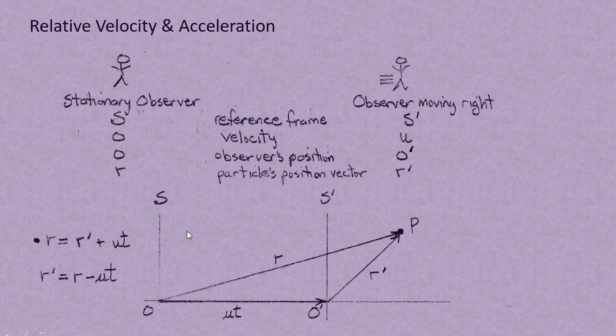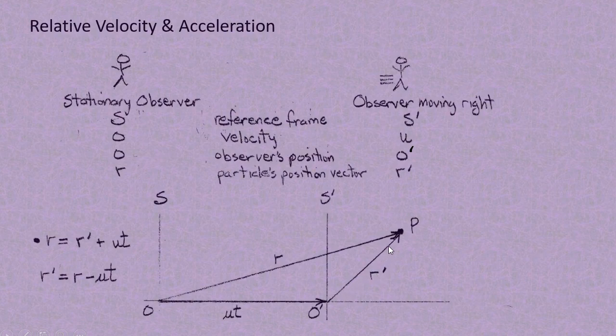Now let's look at the relationship between the particle's position vectors from these two reference frames. And for this, let's remember back to our visual method of adding vectors. If we look at the displacement vector between the stationary reference frame and the moving reference frame, that is u times t. And then the particle's position from the moving observer's reference frame is r prime.